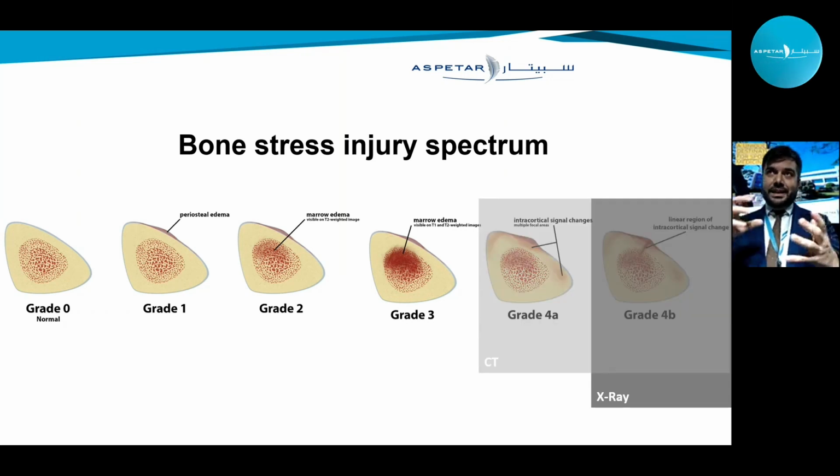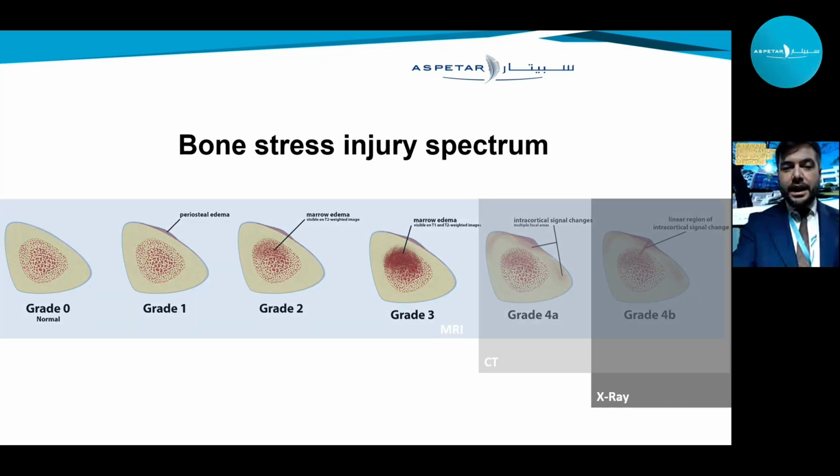CT scan is like a 3D X-ray, so it can be a little bit better and can also detect grade 4A. MRI, as this classification was described for MRI, can describe all the grades.